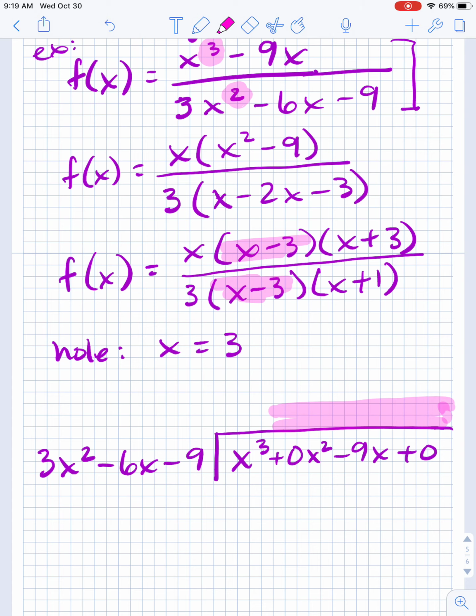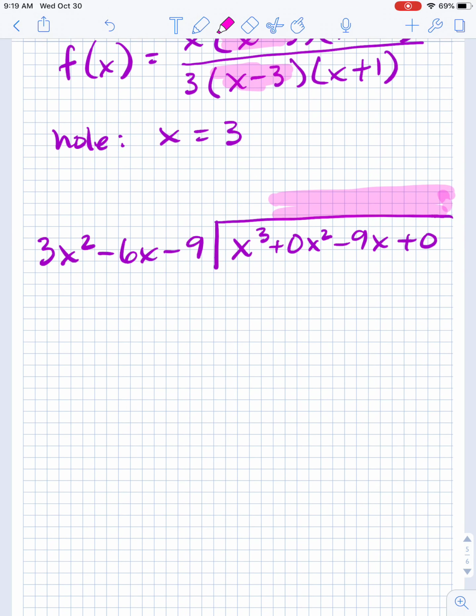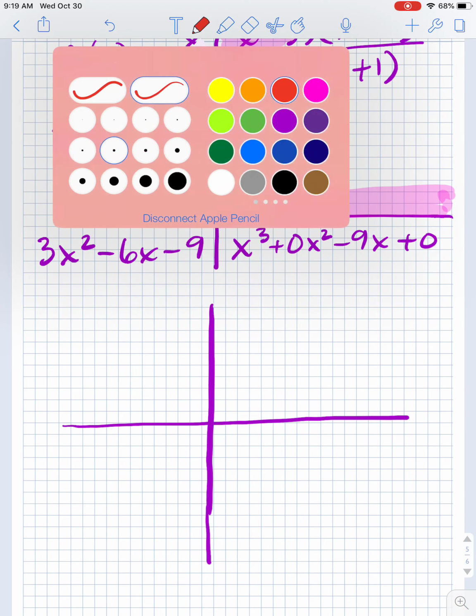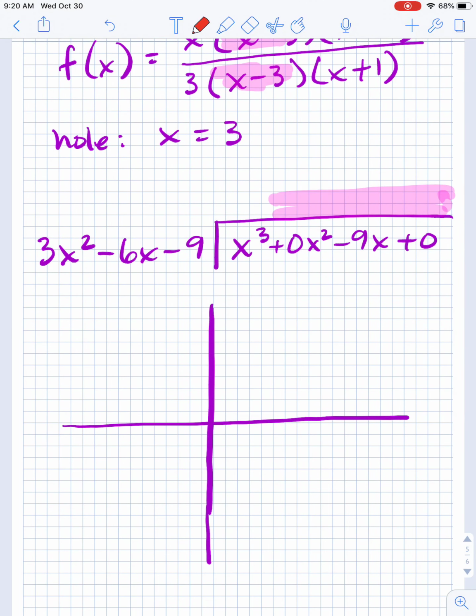That linear equation is going to be my slant asymptote. And when I have a slant asymptote, what that means is when I graph my function, I'm going to end up with an asymptote that is a linear equation.